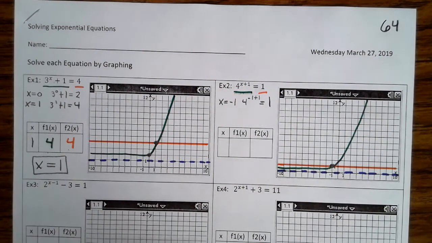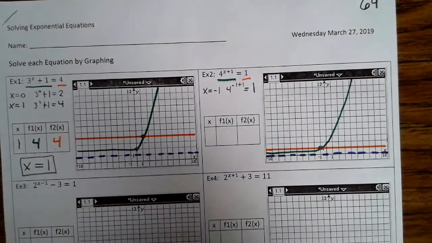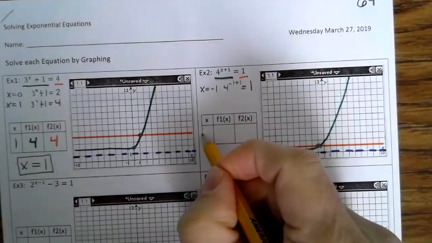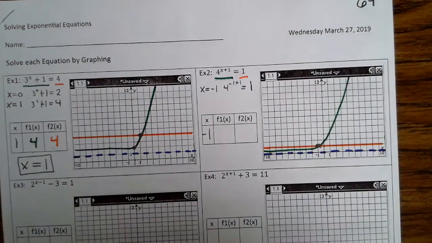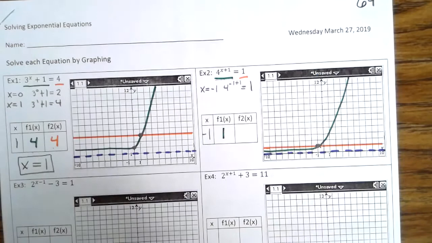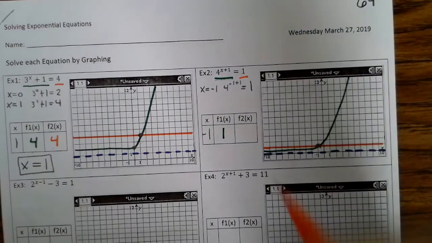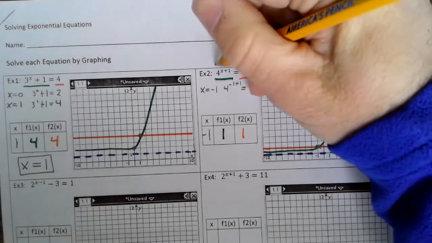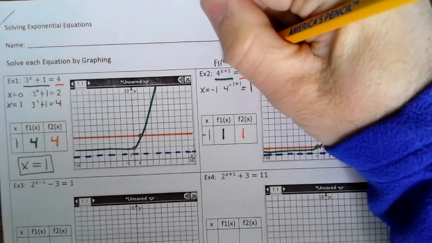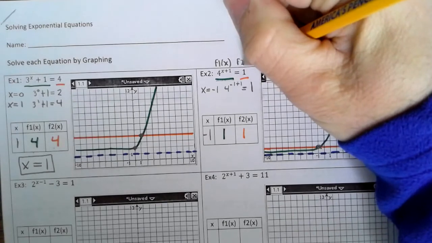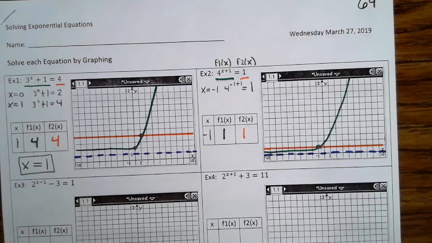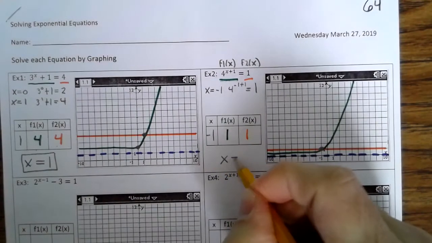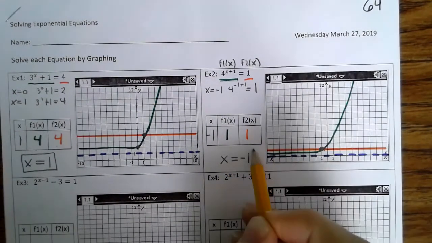So you can see here when x is negative 1, f1 of x is 1, and f2 of x is 1. What I mean by f1 of x is the first equation and f2 of x is the second equation when you're graphing left and right side. So you can see here our solution is x equals negative 1. All right, go ahead and finish up example 2.